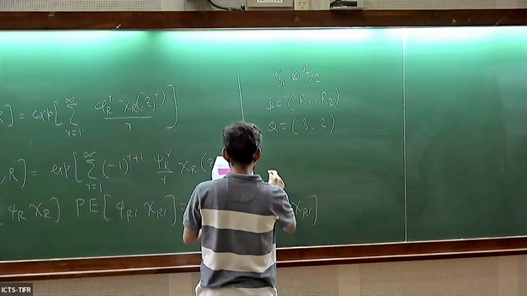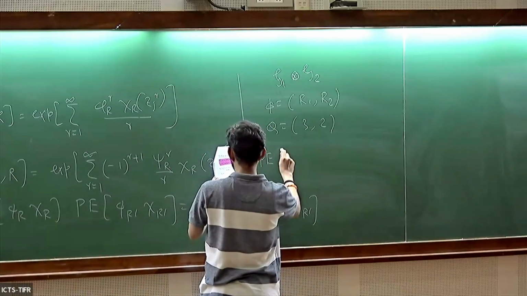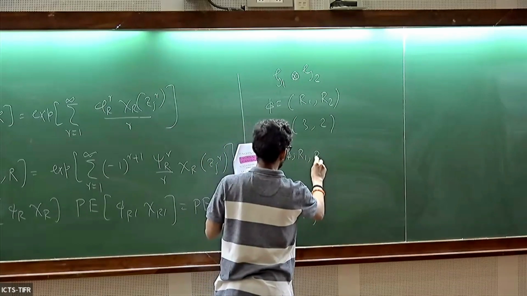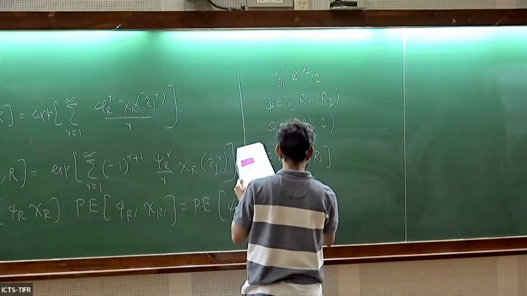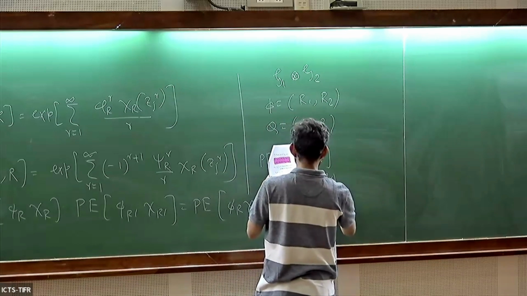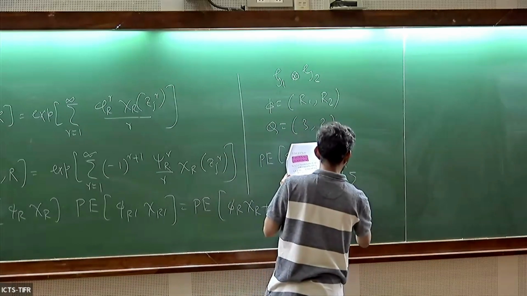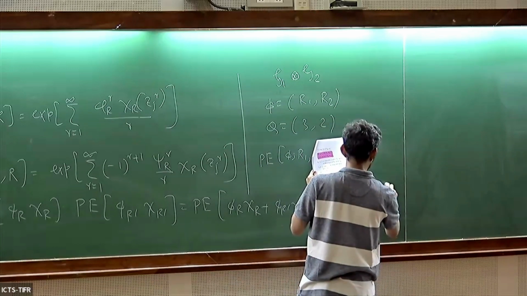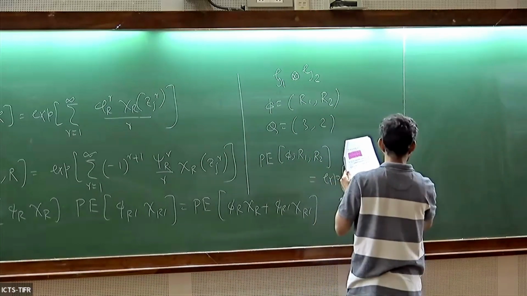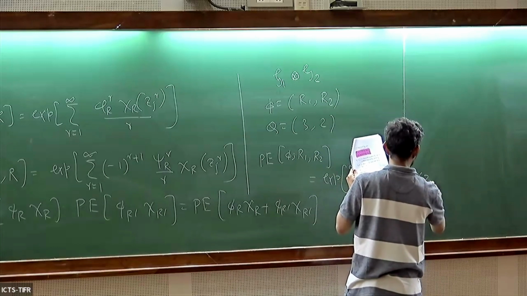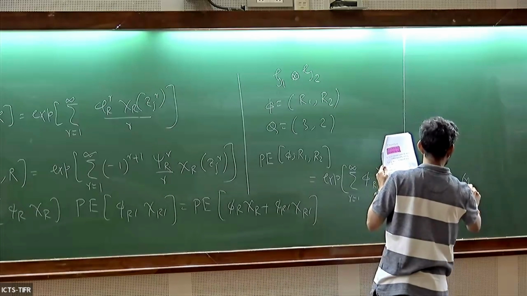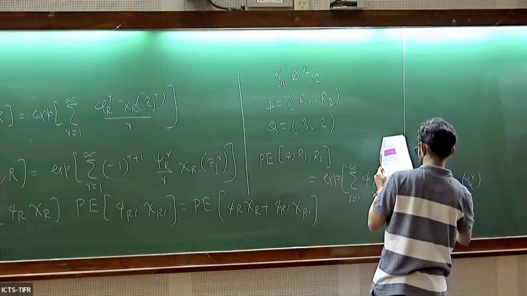Then you write down the statistics of this phi under these representations R1 and R2 as the exponential of the sum over r equal to 1 to infinity of phi_{R1,R2}(r) chi_{R1}(z^r) chi_{R2}(y^r) over r.